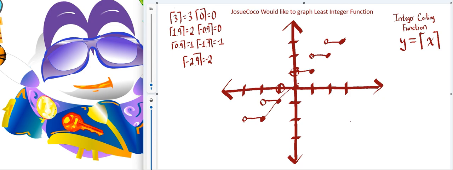Next, we'll connect y equals x. It's a straight non-vertical line. Y equals x.